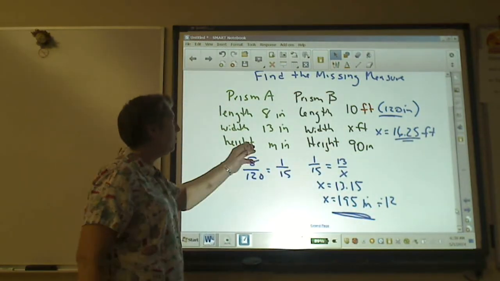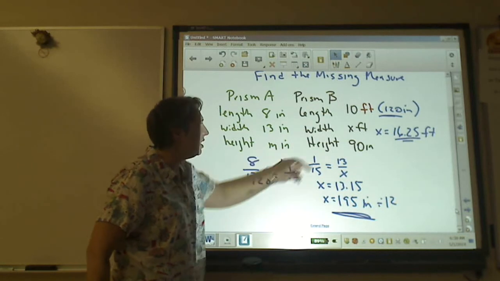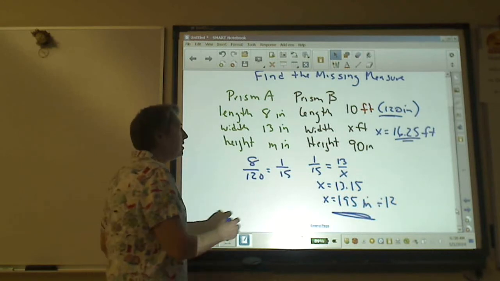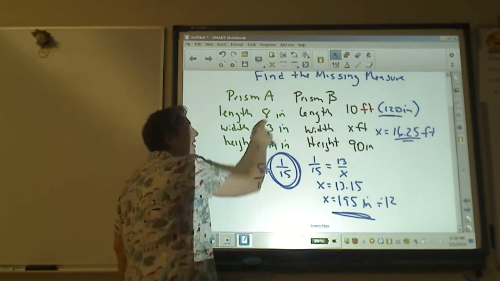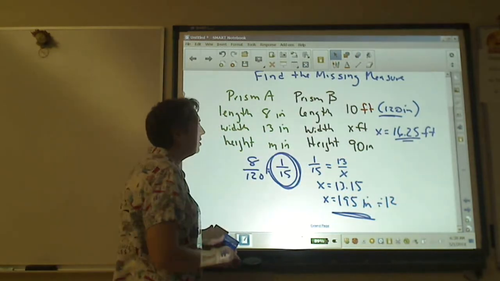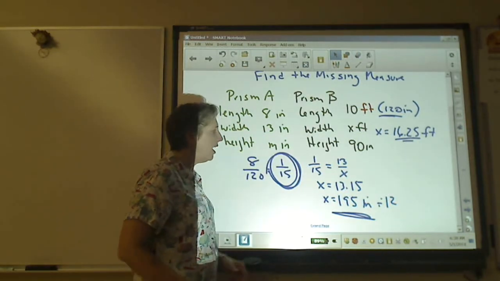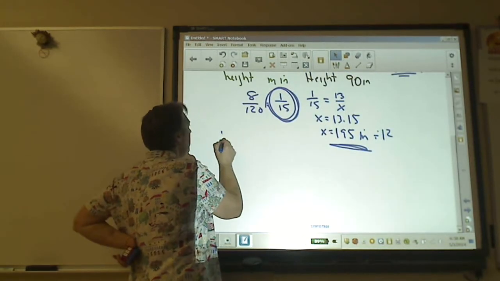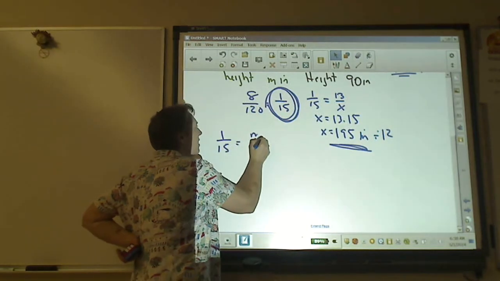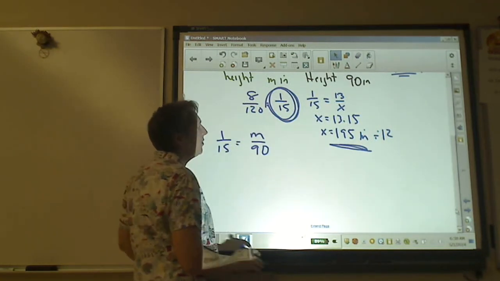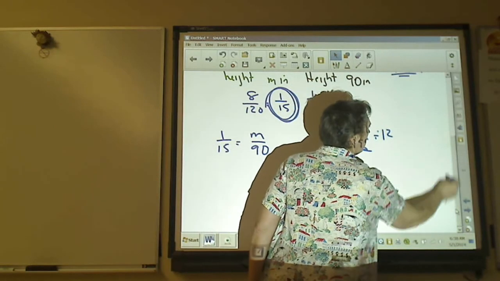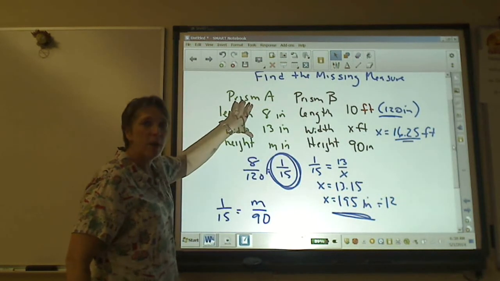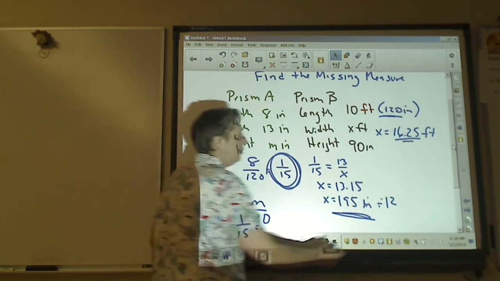Now I'm going to stick with inches on this, because this one's in inches, and I need to find m inches. So I still use this, because that was what I got from the original thing. To solve this one, I have to use the same fraction. So this is m to 90. So I go 1/15, because that's my proportion, and then m over 90, because this is what they want me to find, but on Prism A. Okay.